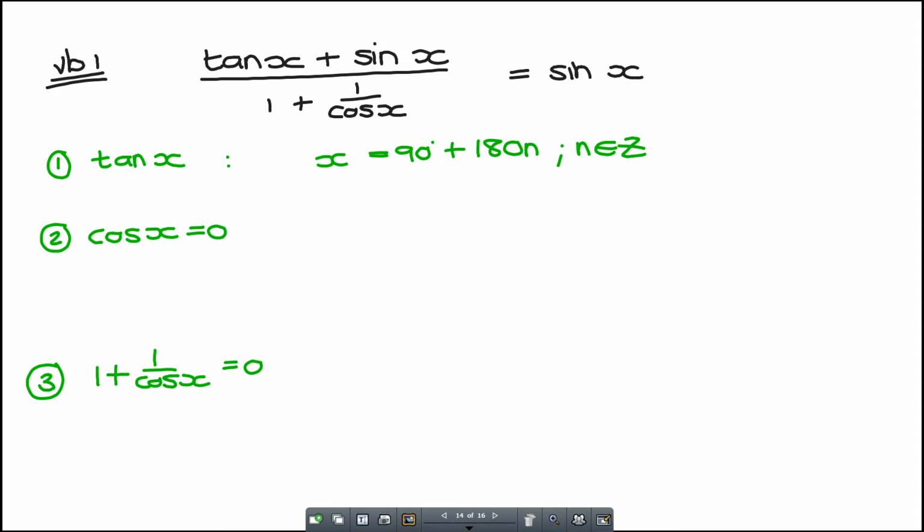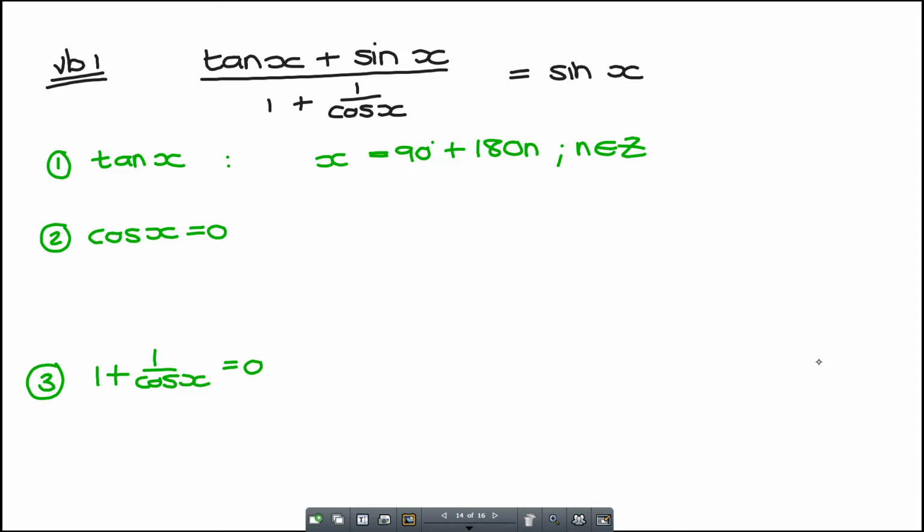But now we can't stop there. Ek moet nou gou met hierdie nommer 2 en nommer 3 verder gaan werk. Okay, nou as cos x 0 is, we get our help angle. Wat is my hulphoekie nou weer daar? Gaan tik gou daar vir my in. Shift cos 0 en dit gee vir my 90. Okay. Nou is cos positive or negative? Positief. En wat se kwadrant nou weer? 1 en 4.